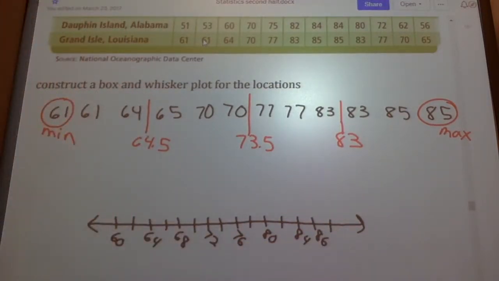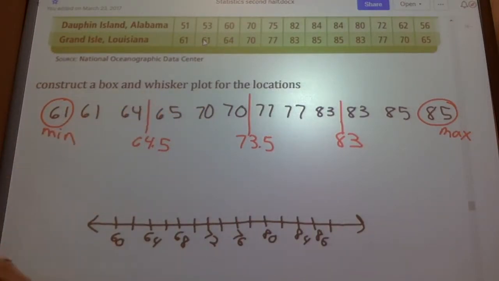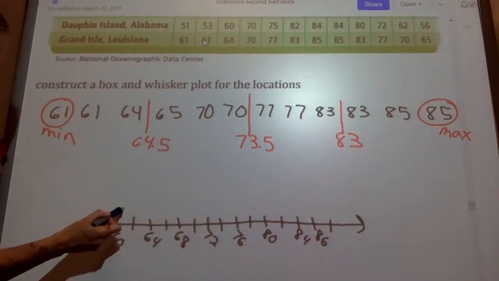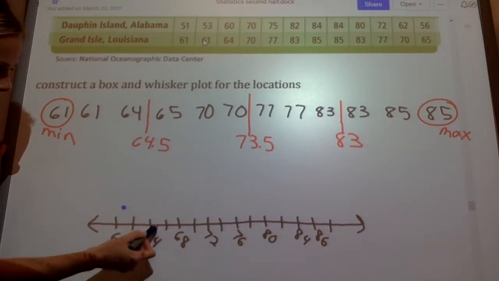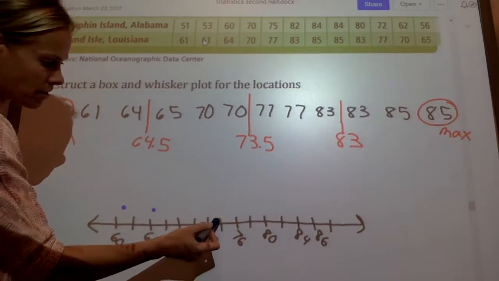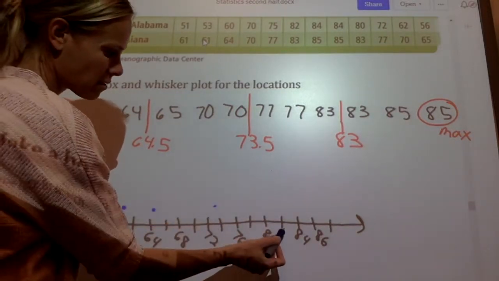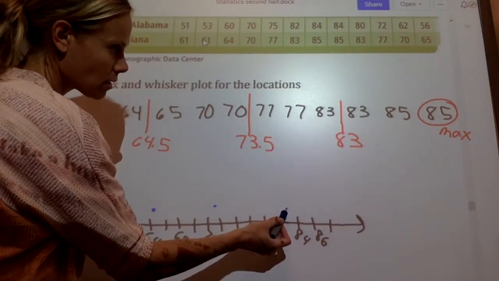And then you're just going to put a point for each number. My min is 61, so I'm going to put a point there. 64 and a half would be about right here. 73 and a half. 83. And 85.